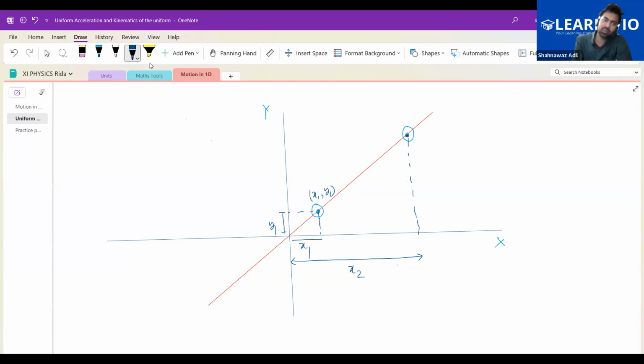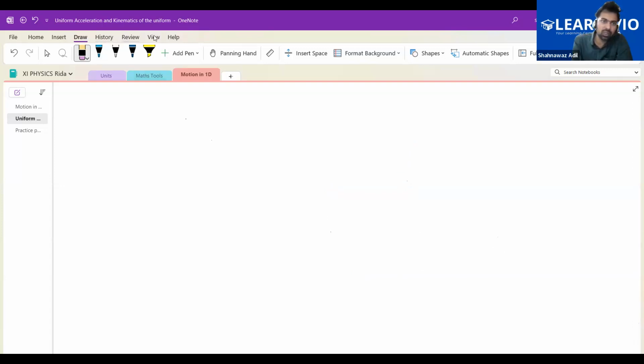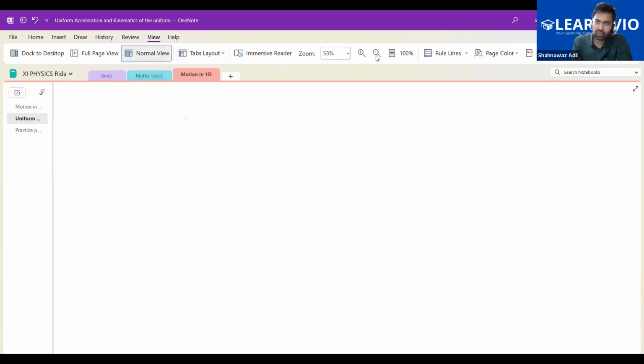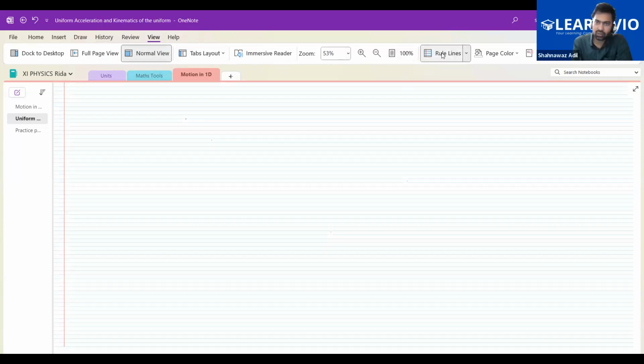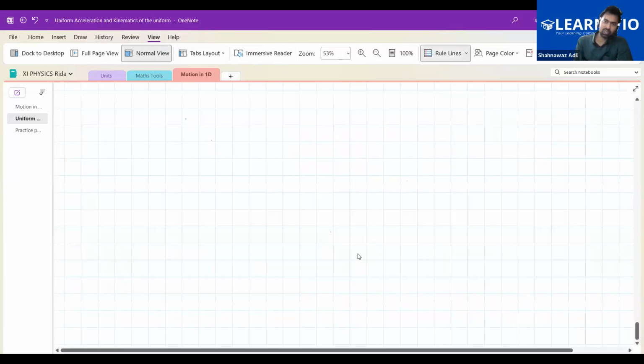Okay, so let me erase this one and then let me take a graph. So from the graph, this will be clear.